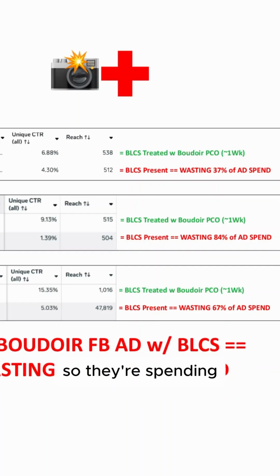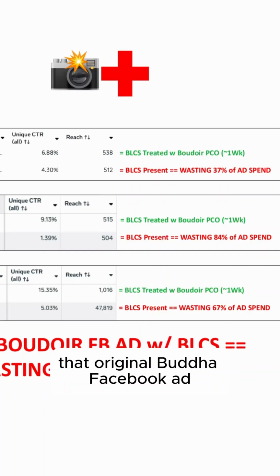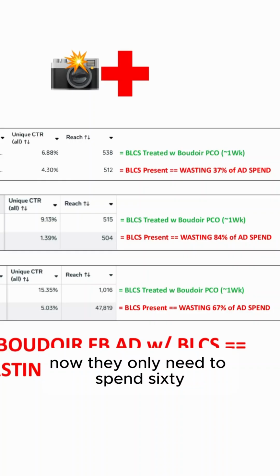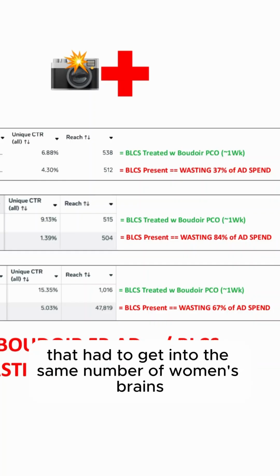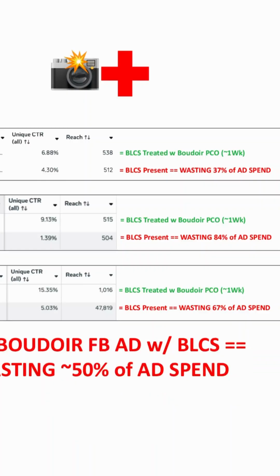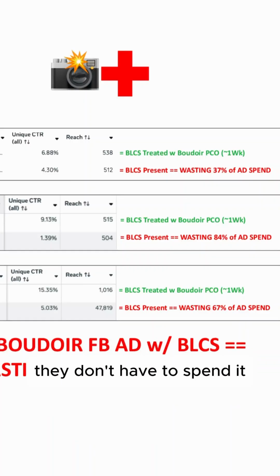So say they're spending 10 grand a month on that original boudoir Facebook ad. Now they only need to spend $6,300 a month on the boudoir pico treated ad to get it into the same number of women's brains. So it's a difference of $3,700 a month that they can simply pocket. They don't have to spend it.